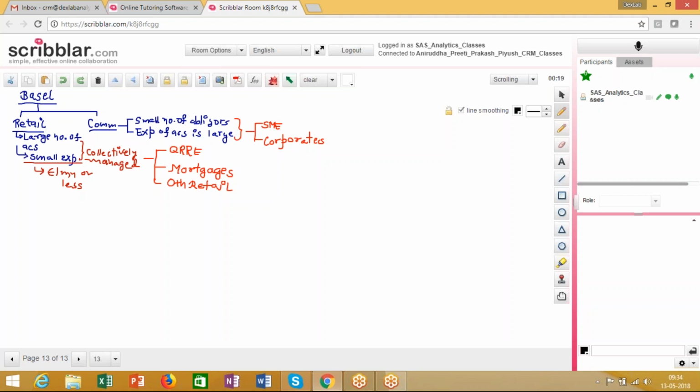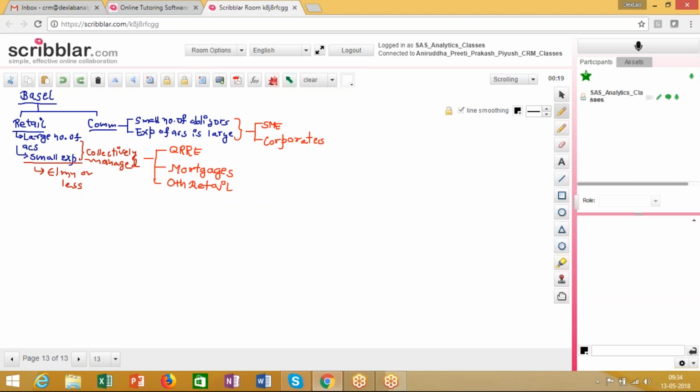Therefore, the easiest way to identify a retail and a commercial portfolio is this: in retail there would be a large number of observations, each having very small exposures.